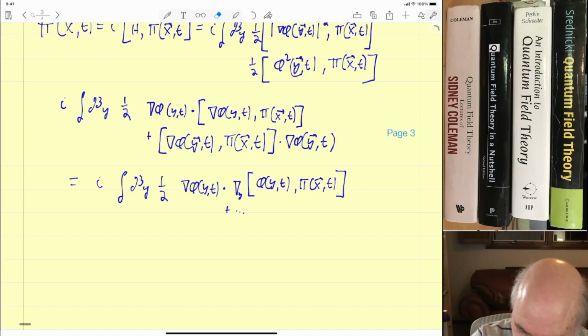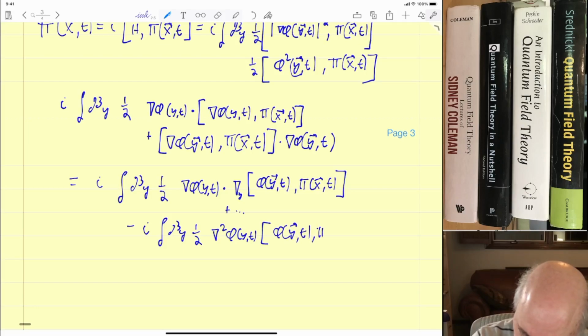Just do an integration by parts, and I get a minus i, the integral of d³y, 1/2, I'm going to have del squared phi of y comma t commutator, plus the other term, which is the same.